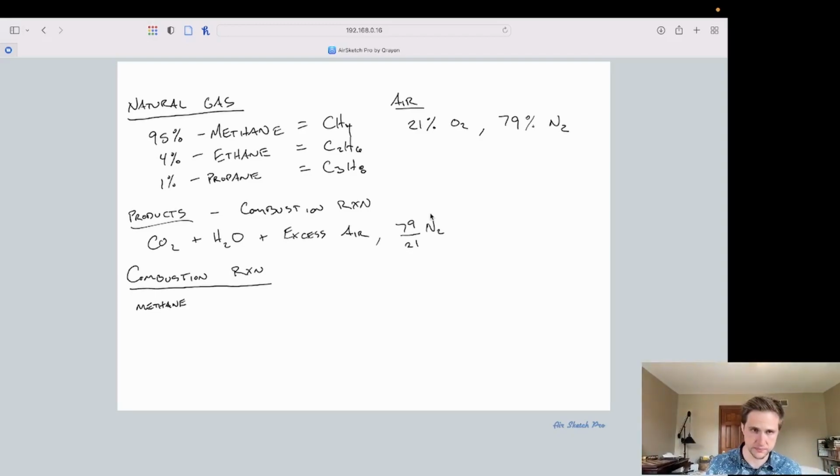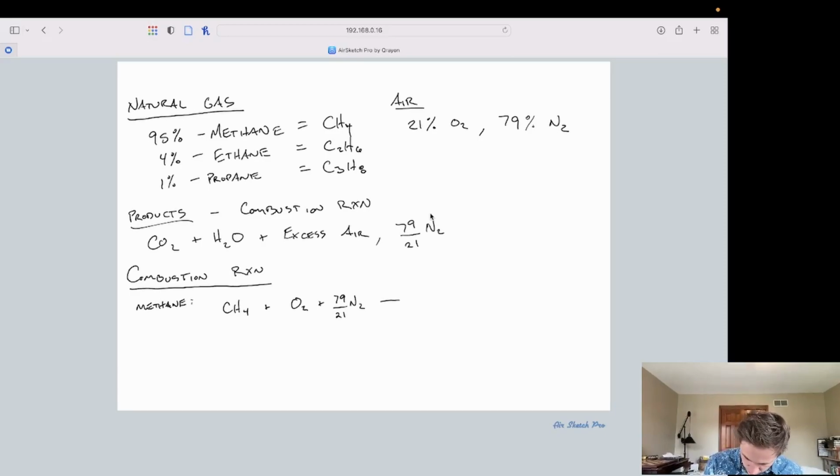So let's start with methane as our first reaction. Here we have CH4 plus O2, and every time we have our oxygen, we're going to have our 79 to 21 ratio mixture of nitrogen.